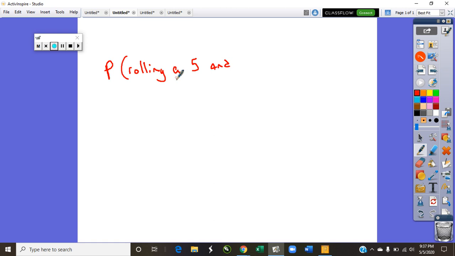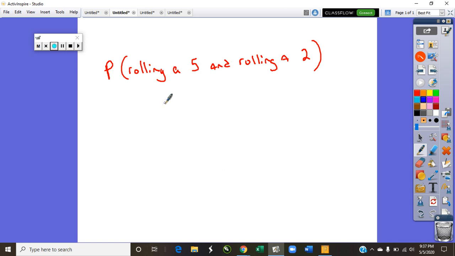I want you to find the probability of rolling a 5 and on the second number cube rolling a 2. Now remember, each of these are separate probabilities. They're independent of each other. Whatever I roll on the first one doesn't have anything to do with what I roll on the second one. Even if I'm just rolling one die twice, same thing.